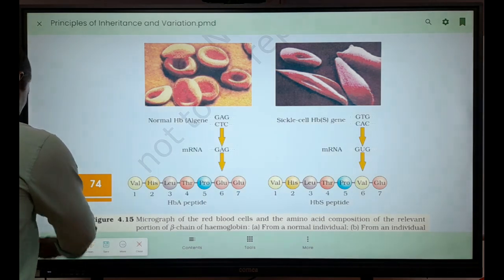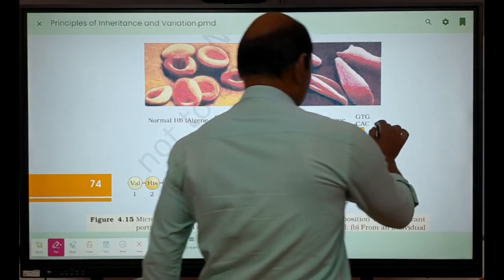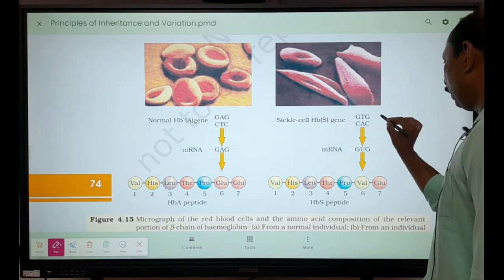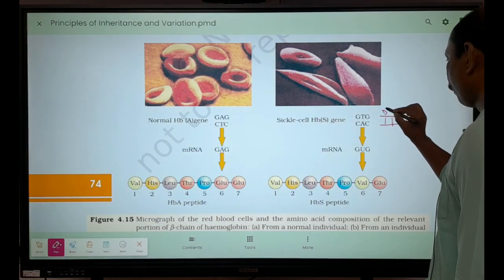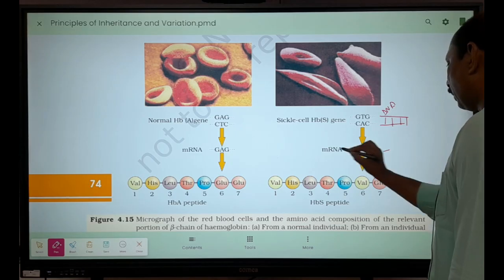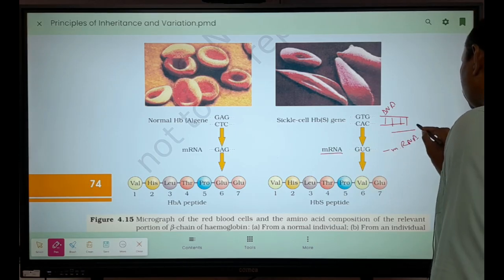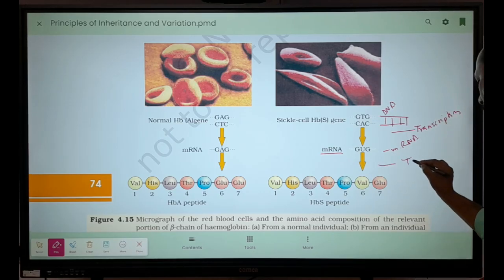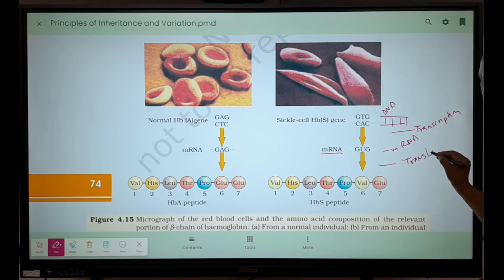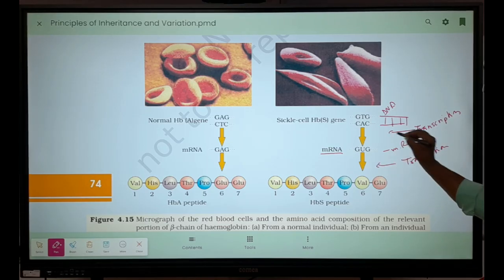And here you can see this is our DNA, this side is the DNA fragment, and this one is our messenger RNA. That means here what is happening? Transcription. And through translation, a protein is formed, right? This is translation, this one is transcription.